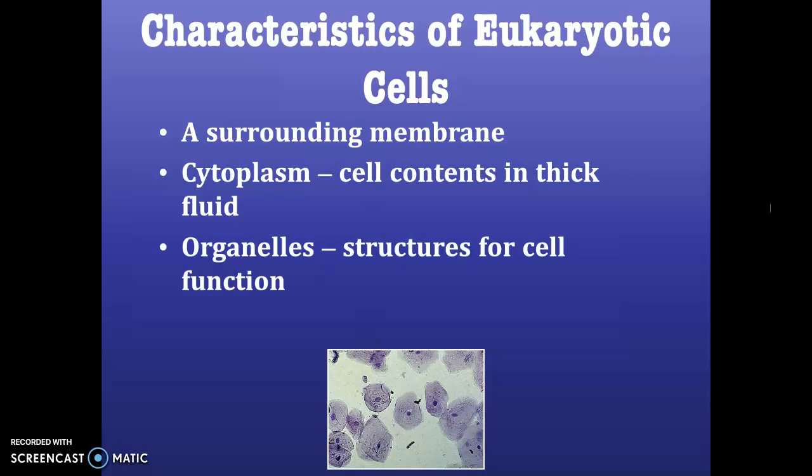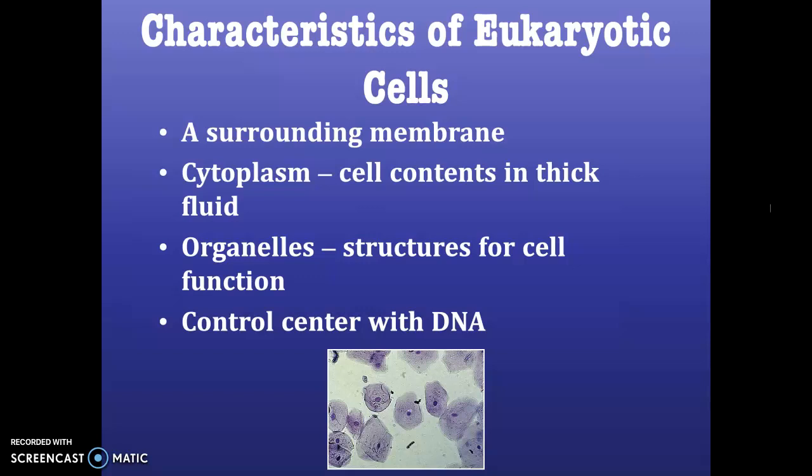Those structures are called organelles, which literally means tiny organs. Just like you have special organs that function in your body, there are tiny little structures that have specific functions inside the cell. And finally, there is a nucleus, a control center, and that is where our genetic material is.